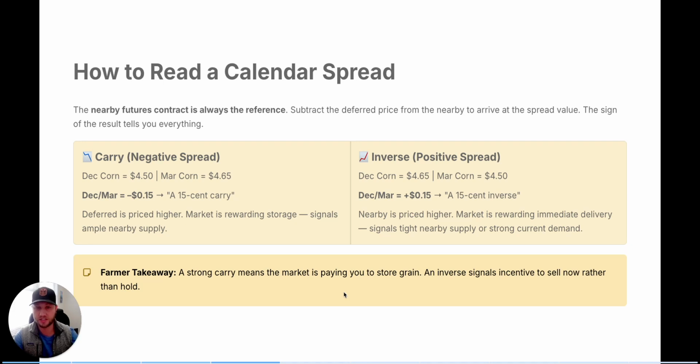This is the additional value that you can get from carrying it for that time period, to offset interest payments for carrying inventory, the cost of storage, etc. Whereas the inverse is signaling an incentive to sell your product right now rather than hold. As I mentioned, because the demand is so strong and supply is tight, it's basically saying the market is sell it right now for this better price.